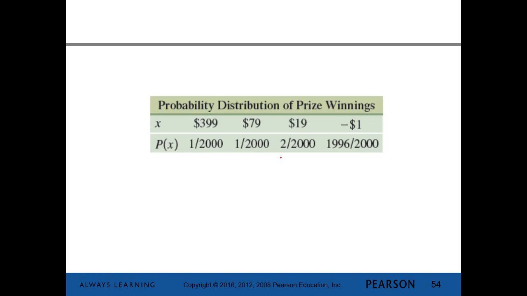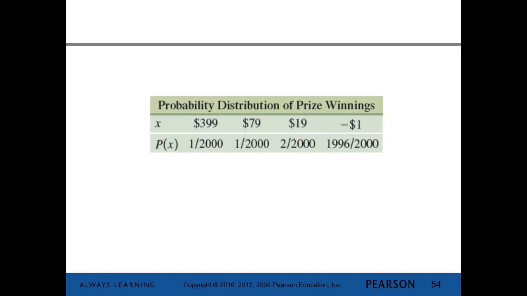If you win those, you've got a net payback of $19. And of course there are 1,996 other ways of not winning any of those, because there are 4 prizes they're choosing for. And so this gets us our probability distribution.